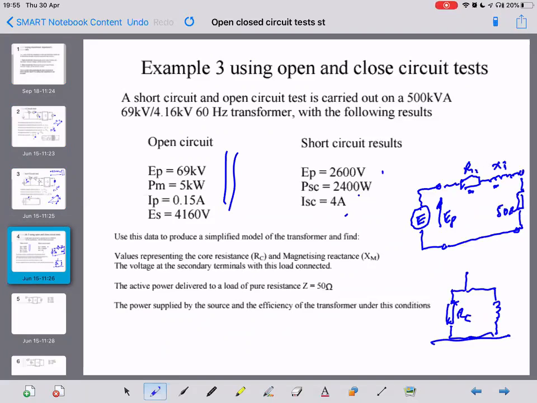We've also got the values of RC and XM for the no-load conditions. So we'll go through the solution shortly.